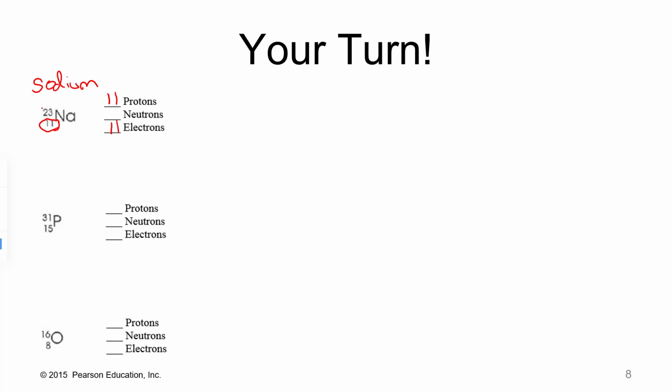Now this number 23 up here is our mass number. And this mass number is equal to the number of protons plus the number of neutrons. Okay, so our mass number is 23.